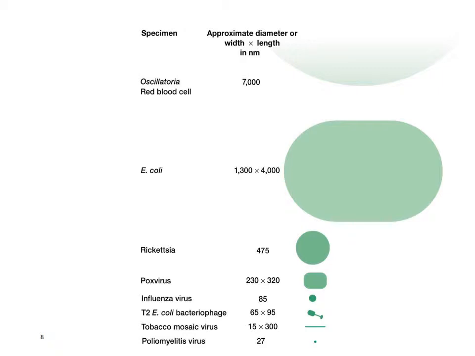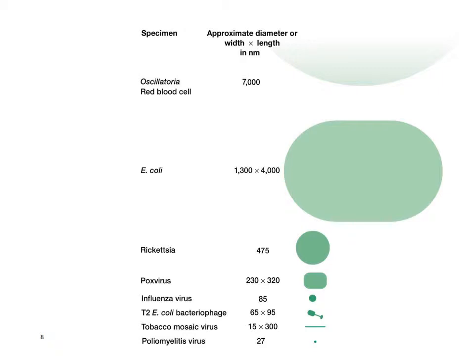Bacteria vary in size as much as they do in shape. Escherichia coli, abbreviated here in the centre of the screen as E. coli, is a rod-shaped bacterium of typical size, about 1.3 to 4 microns in diameter.